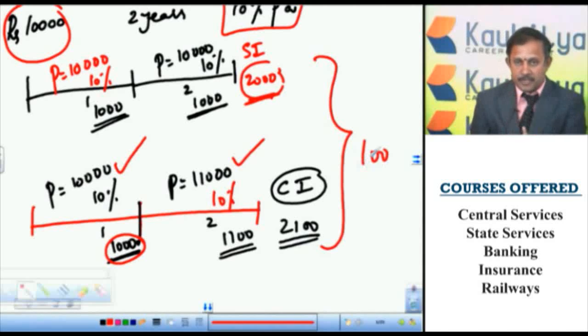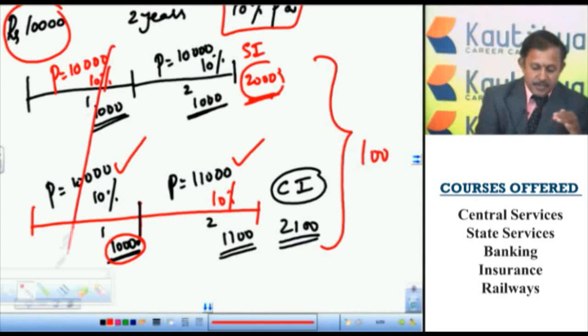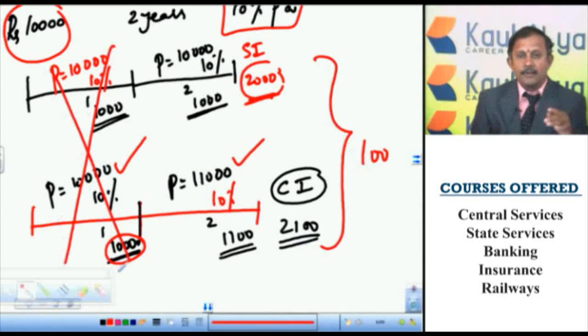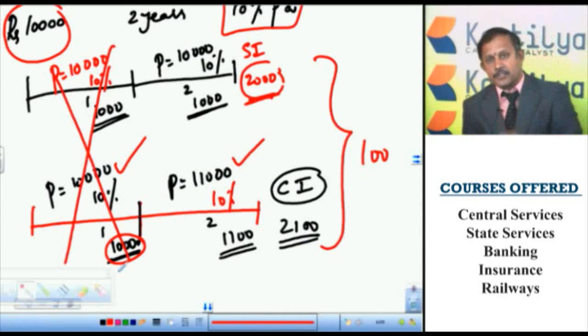Friends, what you have to observe is, there is no change in simple interest and compound interest for the first term. For the first year, both simple interest and compound interest are the same. The difference starts from the second year onwards.